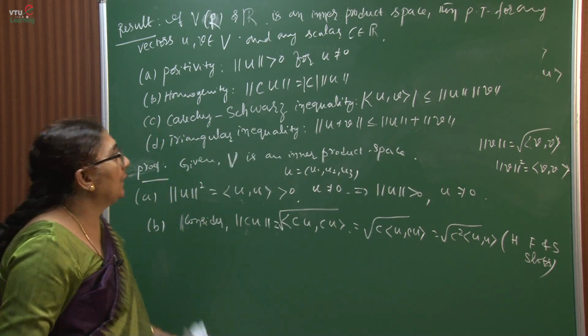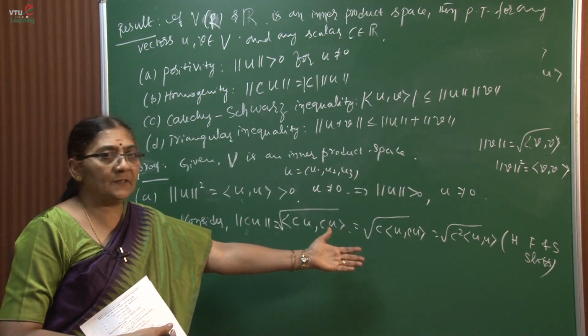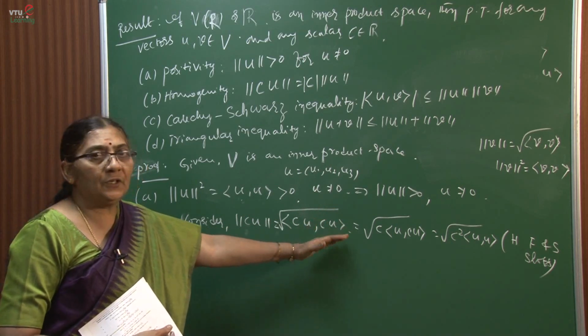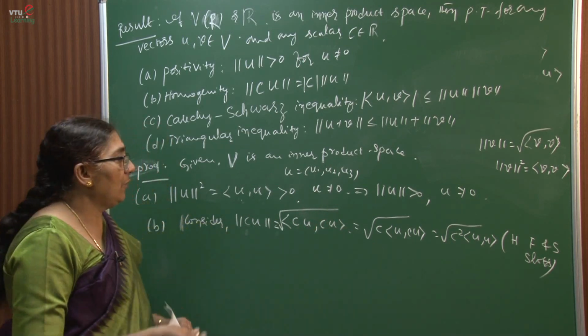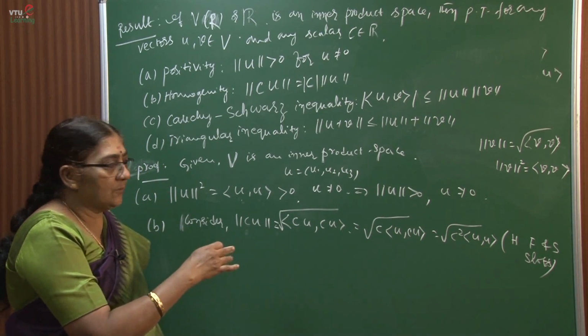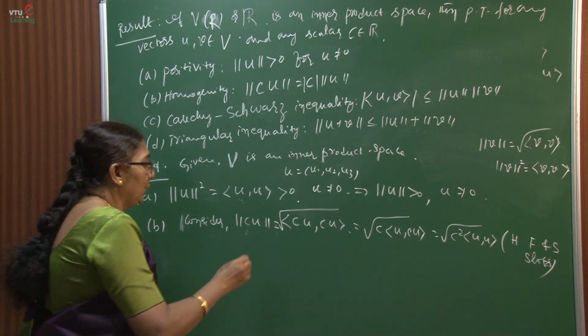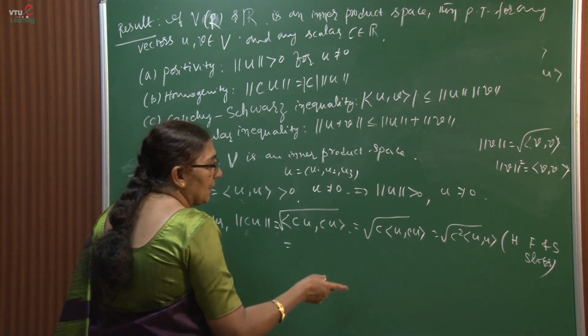Because you already know that V is an inner product space, by definition it satisfies homogeneity of the first slot and of the second slot. Taking c outside twice, we get c squared.